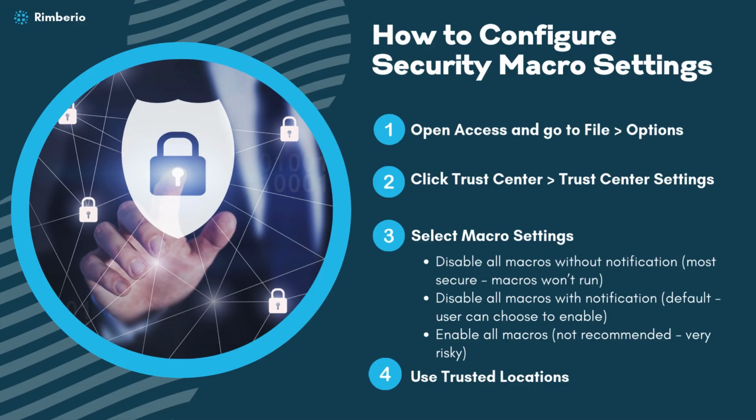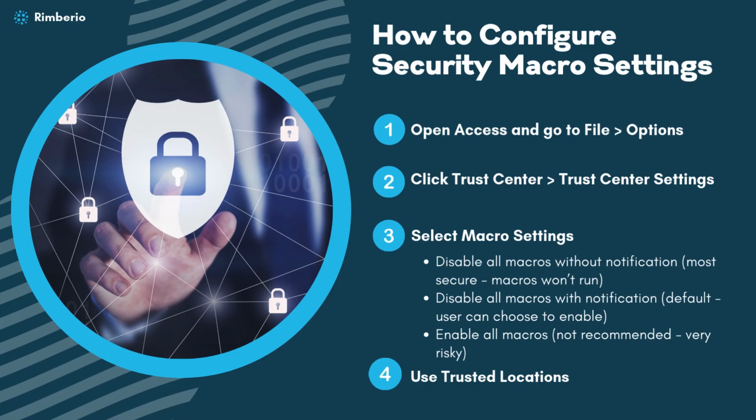Want to manage your macro security settings? Very easy. In Access, go to File, Options, then click on Trust Center and Trust Center Settings. You'll see options like Disable All Macros without notification, which is the most secure, and Disable All Macros with notification, the default setting that lets you decide case by case.